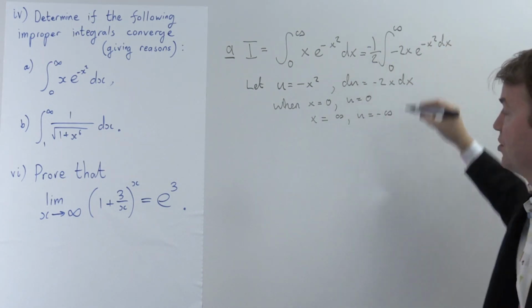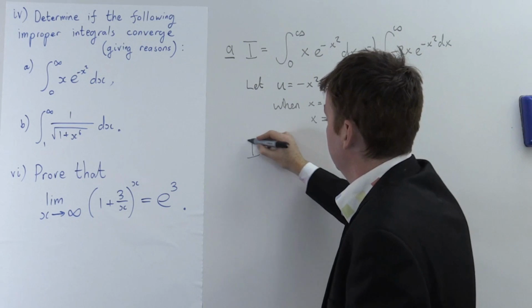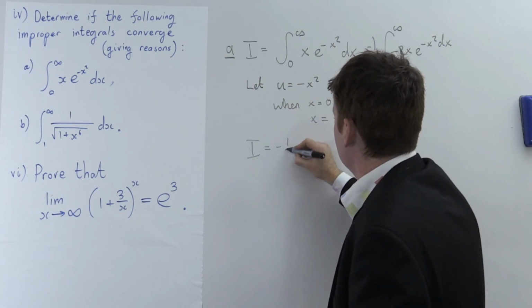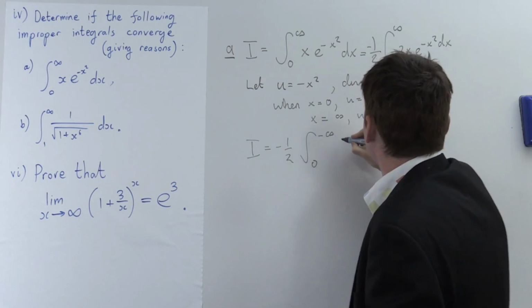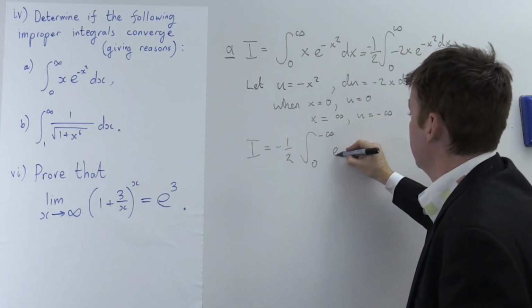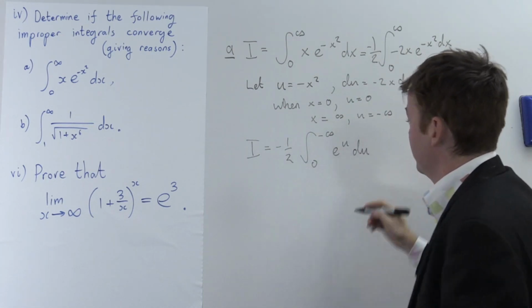So I can make a substitution here. I have I is negative 1/2 times the integral from 0 to negative infinity of e to the u du.